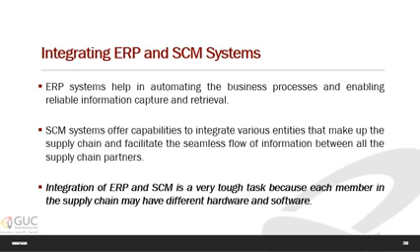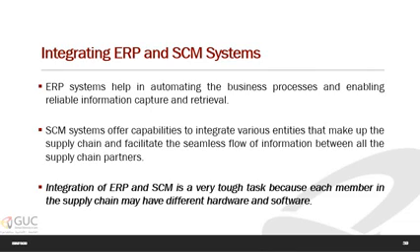ERP systems offer remarkable benefits by integrating functions across the organization. They help in automating the business process and supporting reliable information capture and retrieval. SCM systems offer capabilities to integrate different entities that make up the supply chain and enable the seamless flow of information between all the supply chain partners.